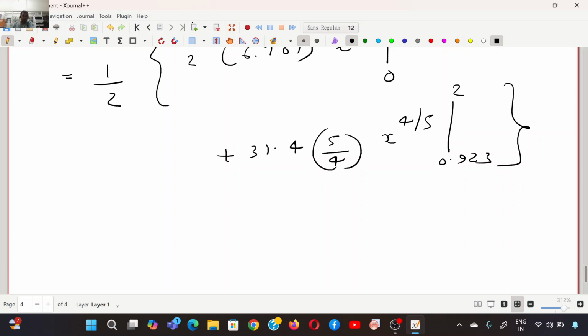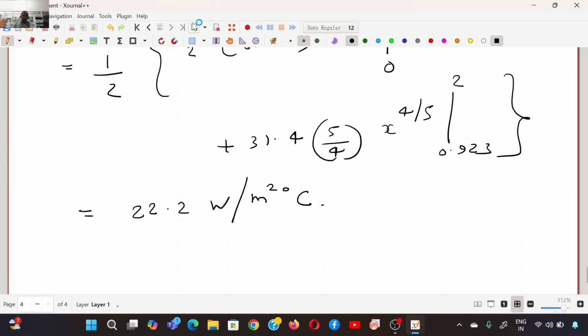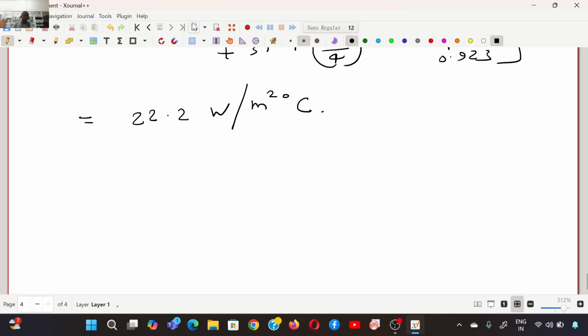Just plug in the values now. You should get 22.2 watt per meter square degrees Celsius. Okay, very simple. Over the laminar zone, you apply the laminar correlation. Over the turbulent zone, apply the turbulent correlation and just do an integral average of it.